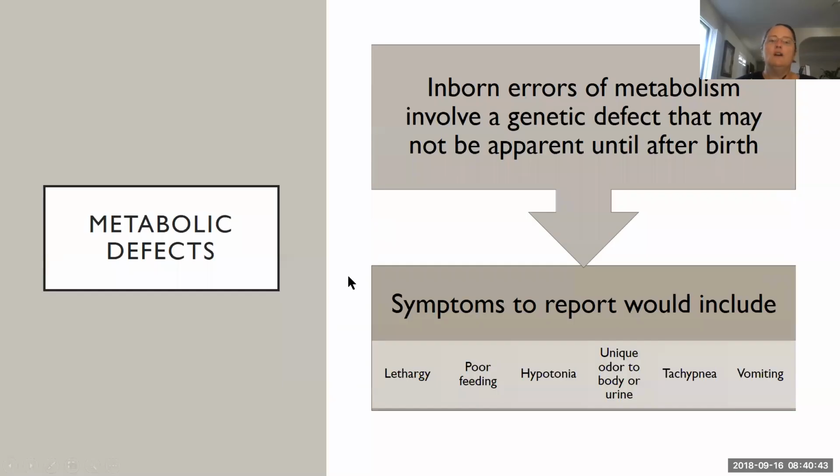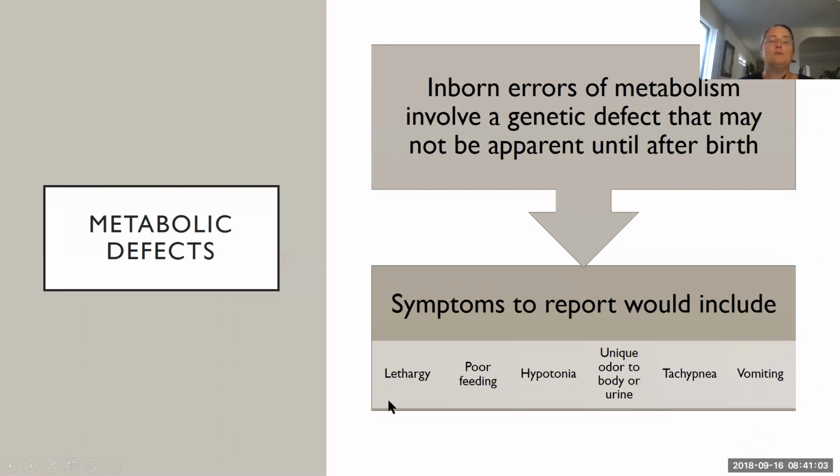So some of the other problems we might see are inborn errors of metabolism, and these are going to be signs and symptoms that present early on, but we're not going to know for sure what these are until we get that newborn screening test back. The biggest one that we see is phenylketonuria, and I'll talk about that in the next slide.